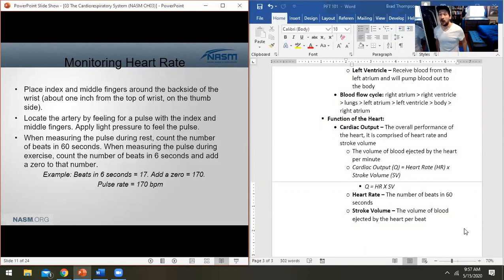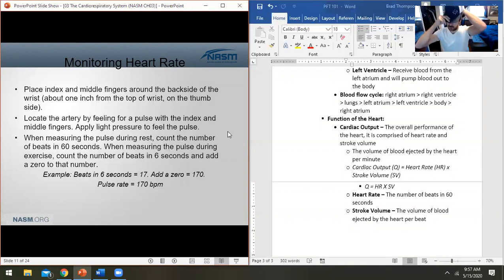If they're running, they're working really hard, and they present you their left wrist, there's an awkward motion while you're still trying to run, right? You don't really want to do it for the full 60 seconds. You just want to get their heart rate really quickly and then move on. So you're going to do 6 seconds multiplied by 10.